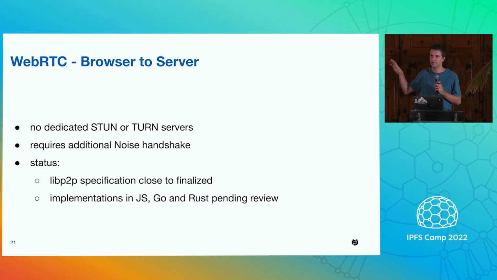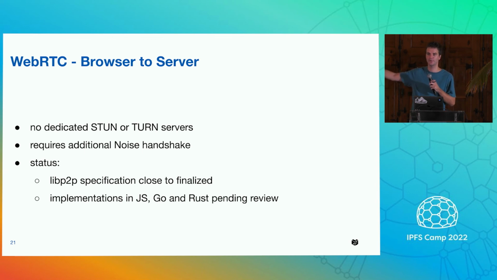We split the WebRTC use case into basically two parts. One is browser to server, and one is browser to browser. For browser to server, we built a protocol on top of WebRTC that doesn't require any STUN and TURN servers.